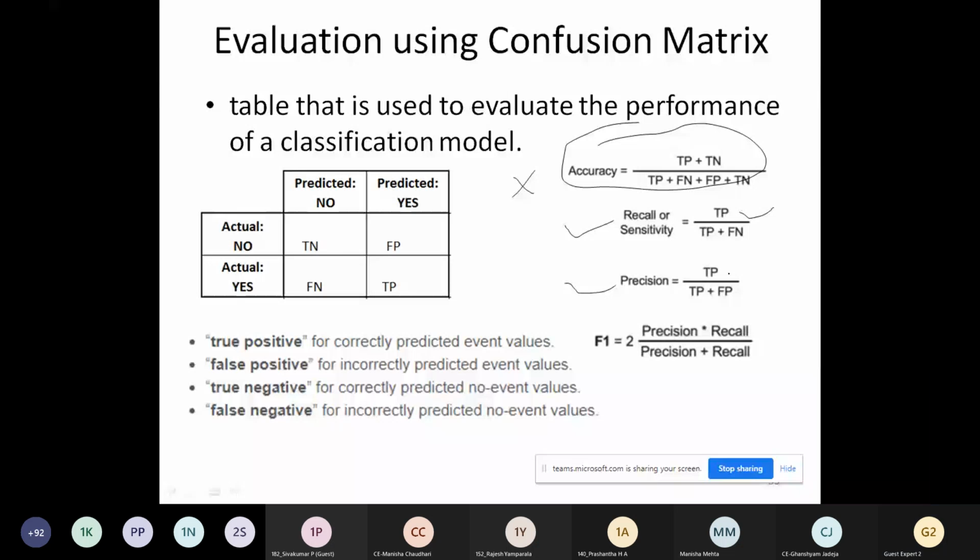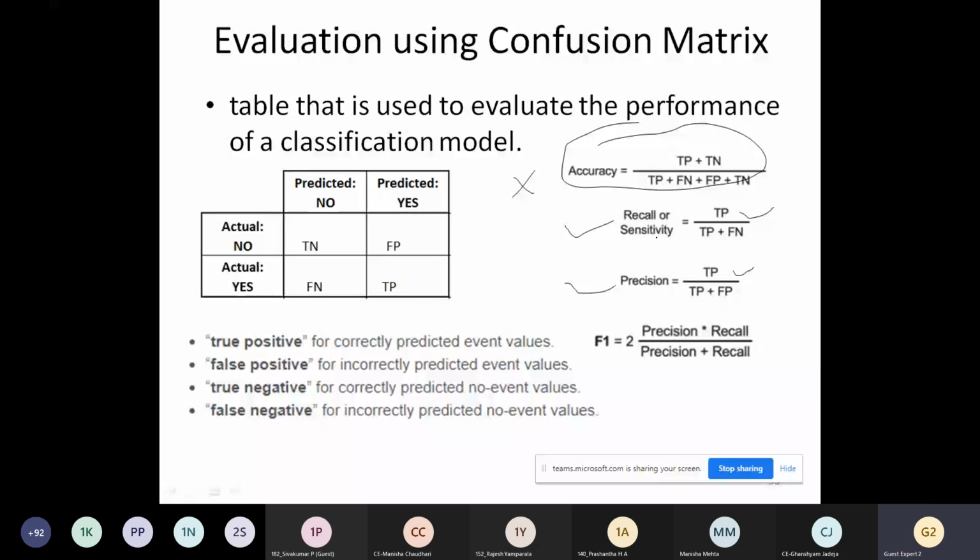Precision is correctly classified true values upon predicted true values. For recall, the denominator is actual true values.